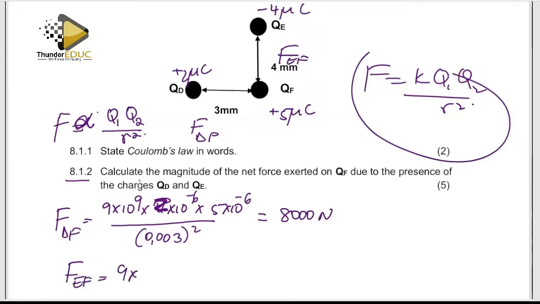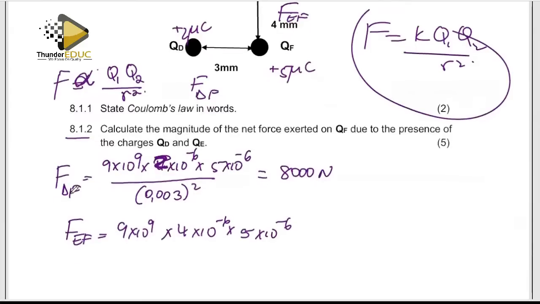Then I need to get the force for EF. I'll do the same thing, 9 times 10 to the 9, multiplied by now 4 times 10 to the negative 6 multiplied by 5. They wanted this as a result of D and E. So we said DF, that is a 2 and the 5, and then this is times 5 times 10 to the negative 6.